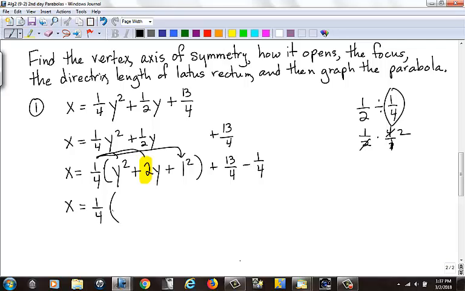We're going to factor it back into the square of a binomial. Y squared is a perfect square of y. 1 squared is a perfect square of 1. This tells you the sign inside is plus. So you square that. It's y plus 1 quantity squared. And then 13/4 minus 1/4 would be 12/4, which is plus 3.